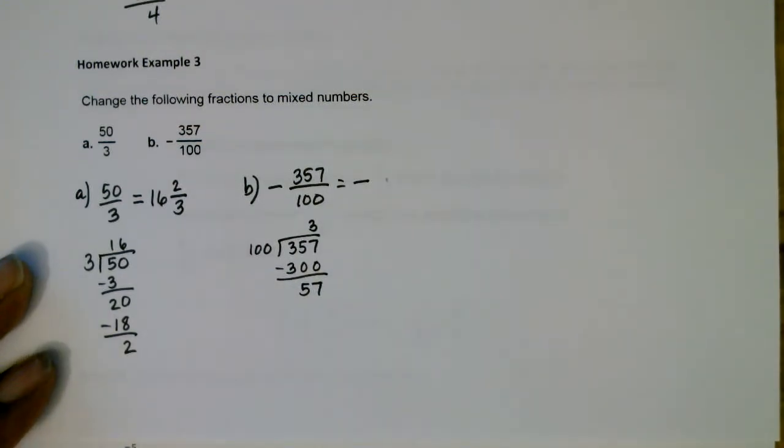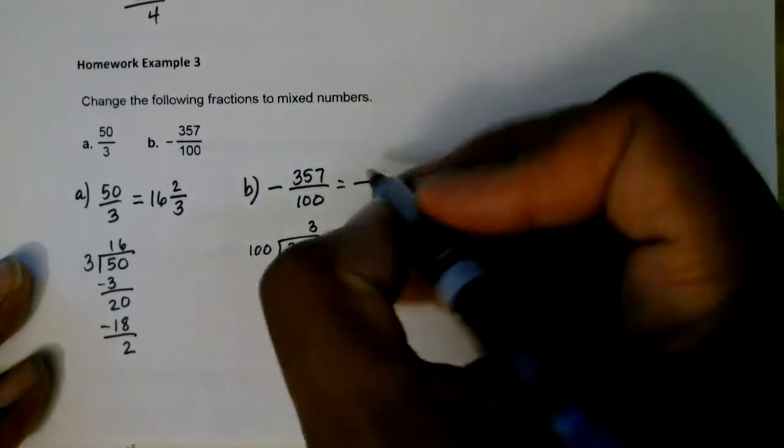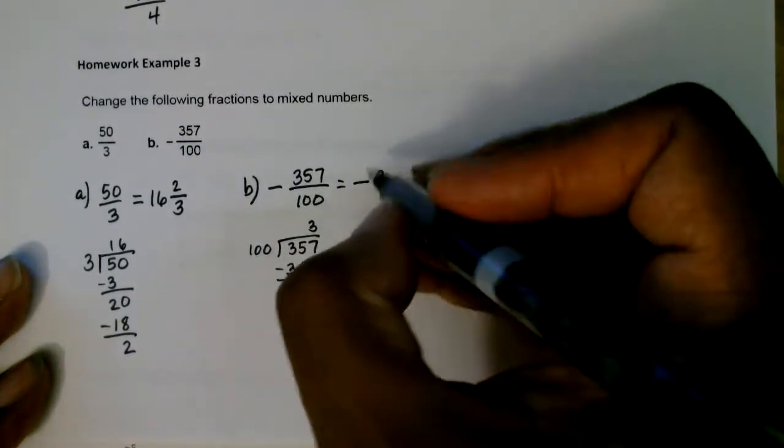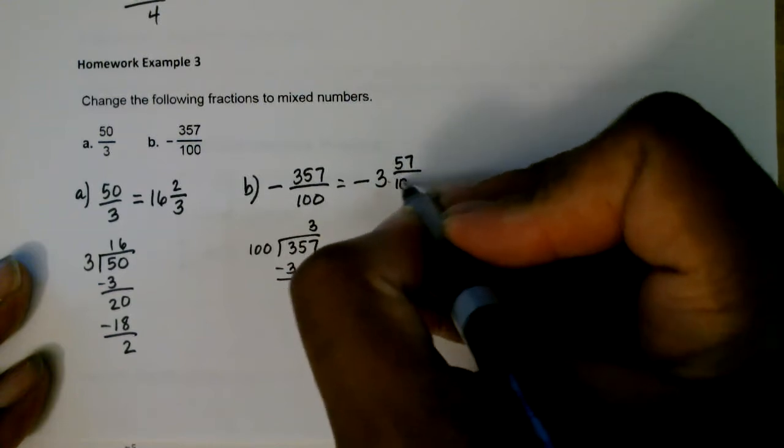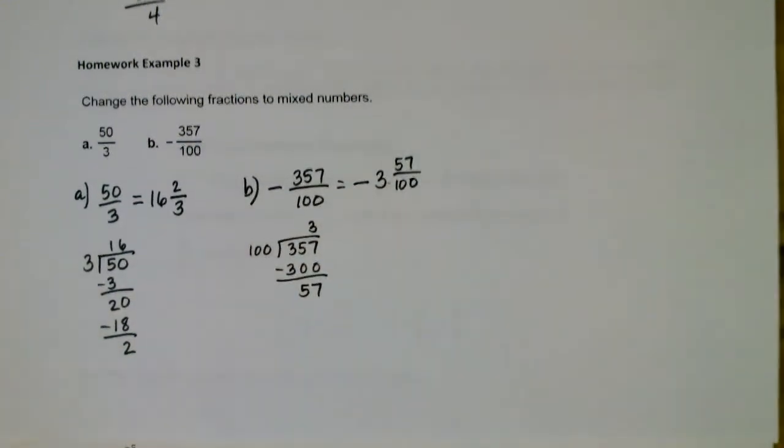And I cannot divide 100 into 57. So this 3 up here is my whole number. The remainder of 57, that's going to be the numerator. And 100 would be my denominator. So negative 357 over 100 would be negative 3 and 57 100ths.